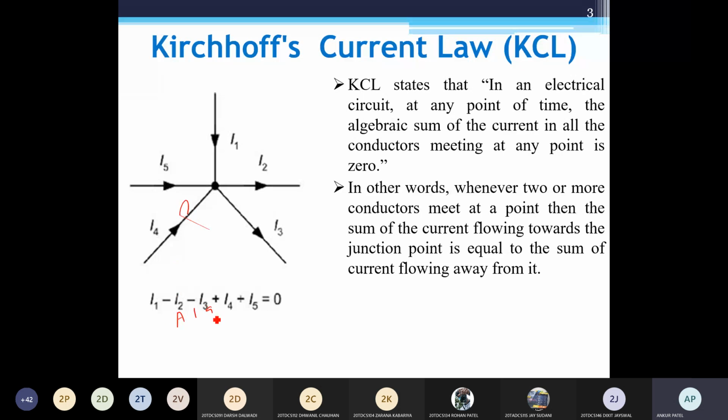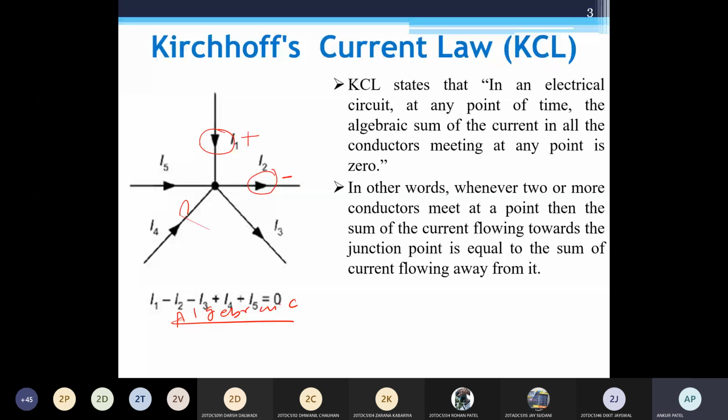I can write this algebraic summation. In KCL, incoming current is denoted by which sign? Positive. And leaving or outgoing current from the junction is denoted by negative sign.